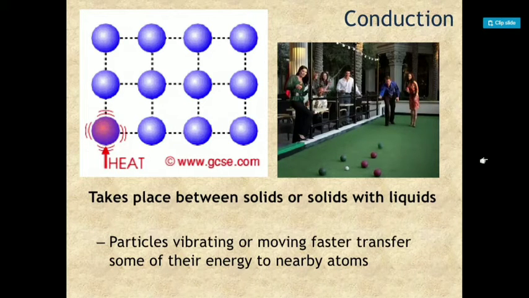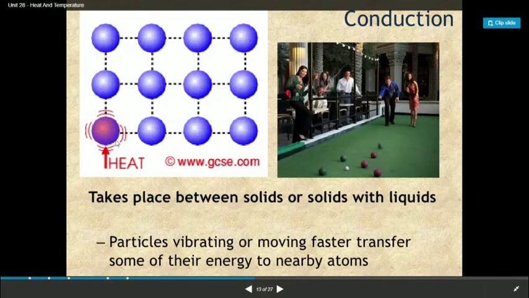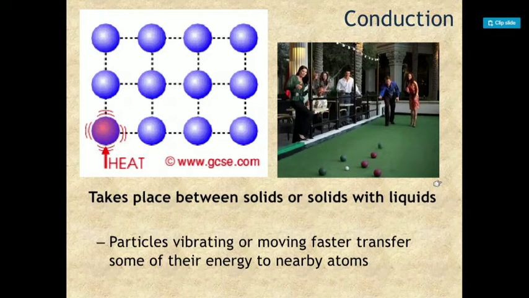So as you can see on the image, the heat starts from one molecule or one particle, and this particle will transfer its heat to the nearby particle. So particles vibrating or moving faster transfer some of their energy to nearby atoms.